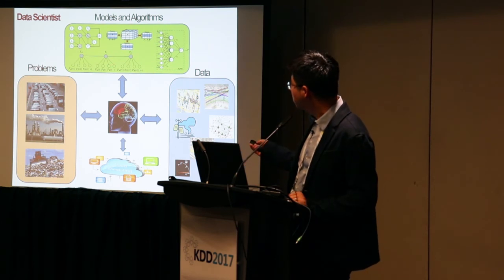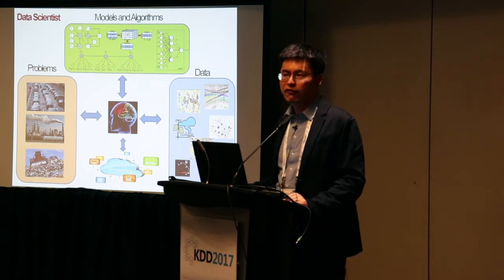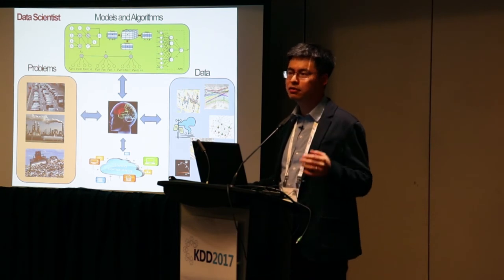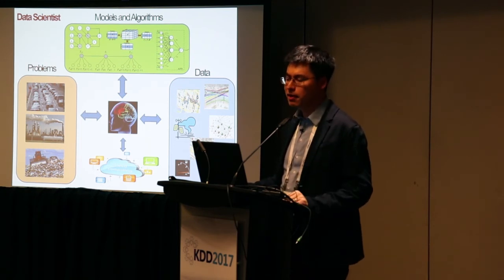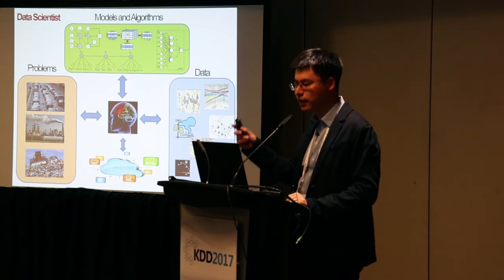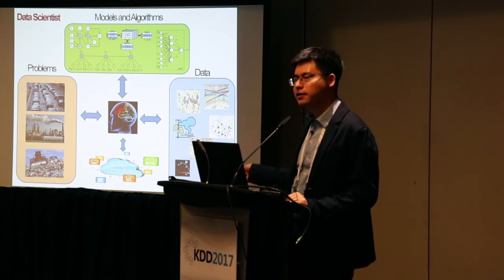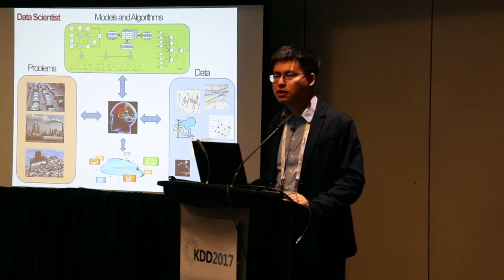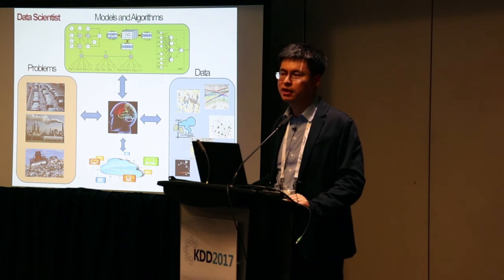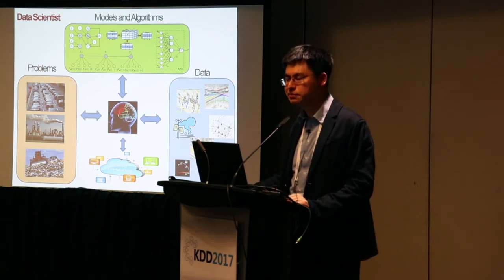And third, we need to understand the diversity of models, not only machine learning models, but database models, visualization models, data management models, and data mining models. Because when you solve a problem, you need to approach it from different perspectives. And finally, you need to understand the cloud, how to use the cloud, and even how to improve the cloud by adding something or building new components on the cloud.